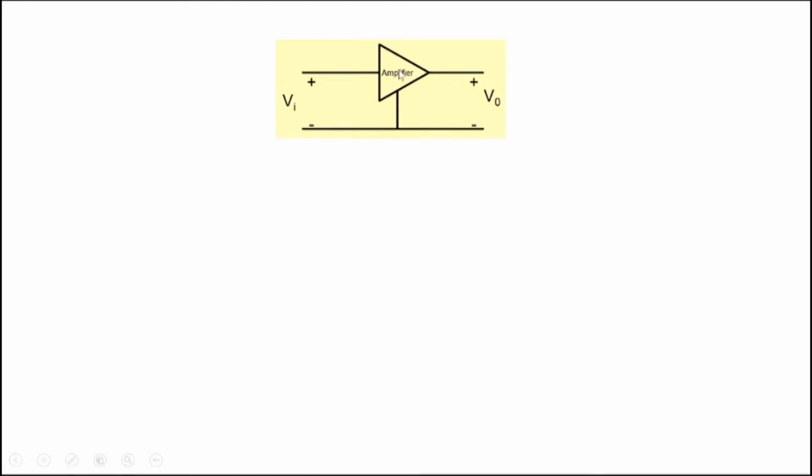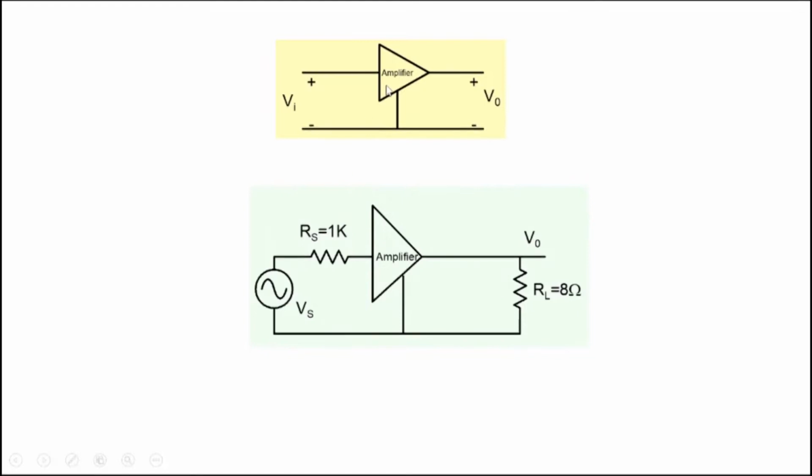Similarly, for example, if we have an amplifier here, look at it, it has a pair of input terminals and a pair of output terminals. In this case, there's a common terminal here, so it's a 3-terminal device here. And again, if we want to use an amplifier in a circuit, we need a model of the amplifier. Note that the amplifier cannot just be represented in terms of a Thevenin's and Norton's, because we are talking about 2 pairs of terminals here, one pair here and one pair here.